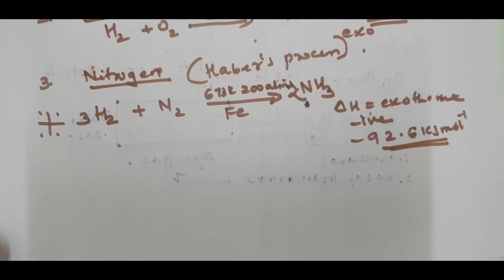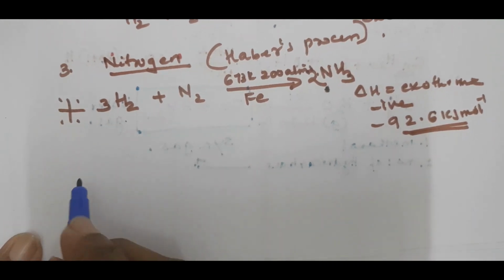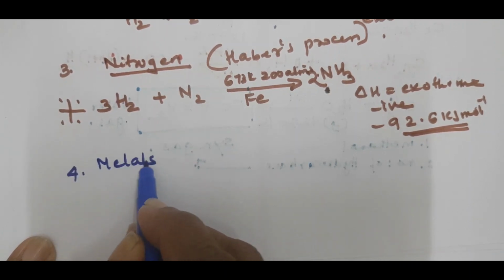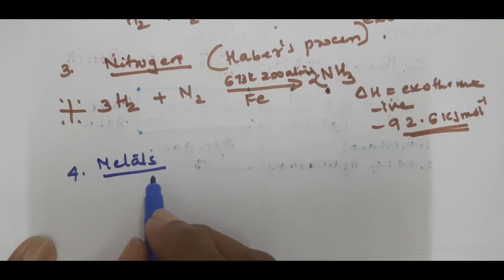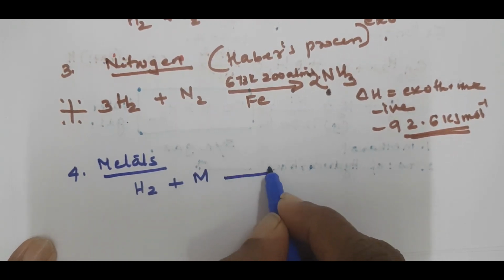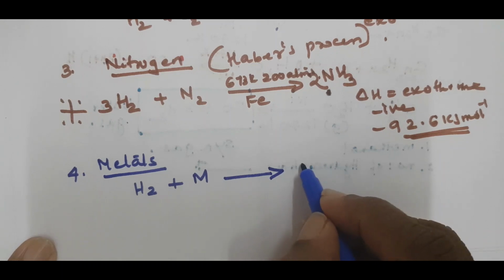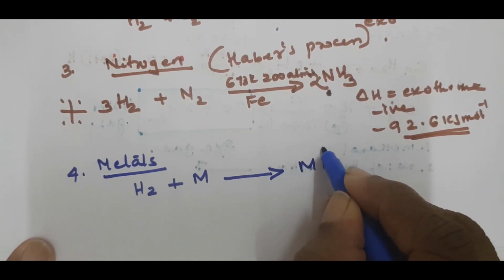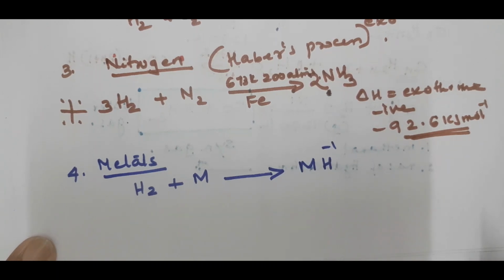Now the fourth reaction is the reaction with metals. Hydrogen plus any metal will give you the corresponding hydrides, that is MH. Here you remember, hydrides have a -1 oxidation state.